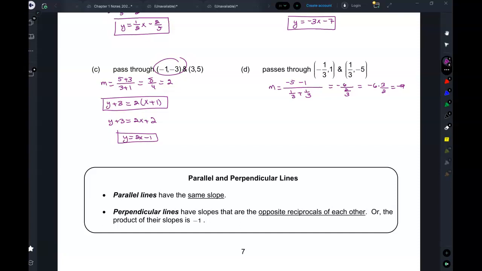So y minus 1 equals negative 9, x plus 1/3. And that's good enough. Just leave it like that.